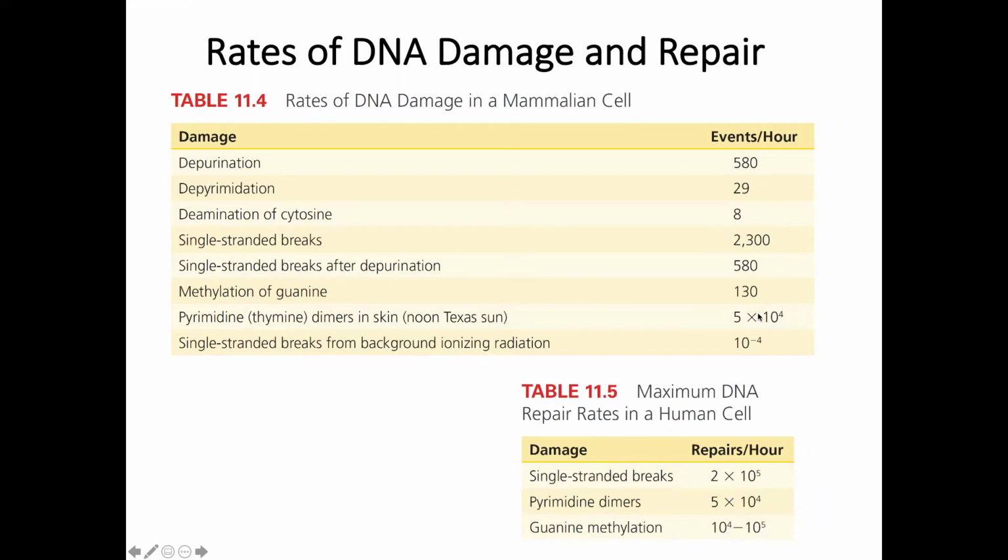So stay inside during the noontime, okay? The bottom table lists the maximum DNA repair rates in a cell, okay? You can tell that our body has a very efficient repair system as long as you don't expose yourself to the Texas sun all the time, particularly during summer.